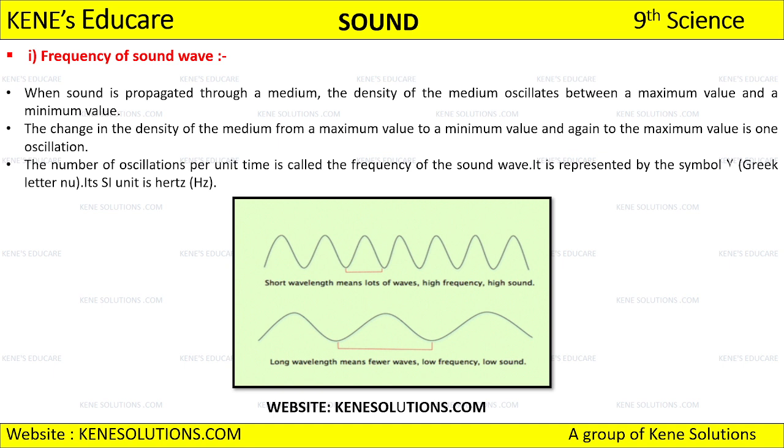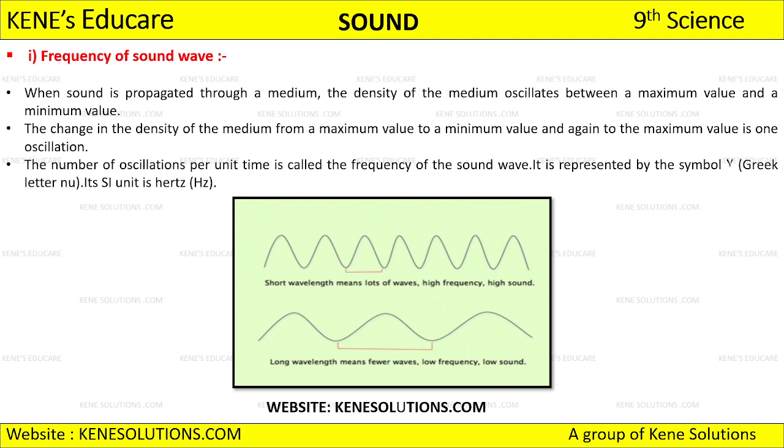Wavelength is represented by lambda, but this we represent by nu. You write it like a v, and we know that as nu. The SI unit for frequency is hertz, and we write that as hertz, capital H and small z. Okay, so we have the diagram as well.